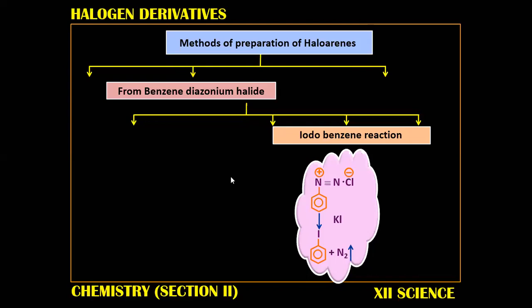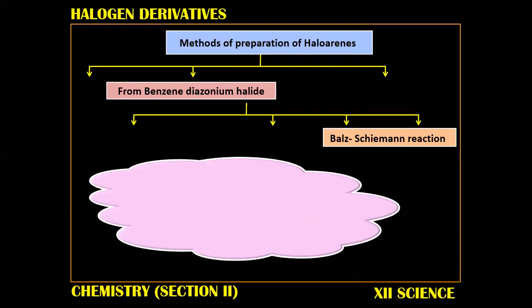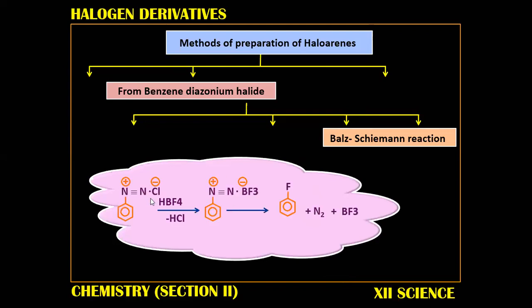Next one, we'll do for fluorobenzene. Now fluorobenzene, the reaction is known as Balz-Schiemann reaction. In that, we first take the diazonium salt, benzene diazonium chloride. We react with HBF4. HBF4 is called fluoroboric acid.